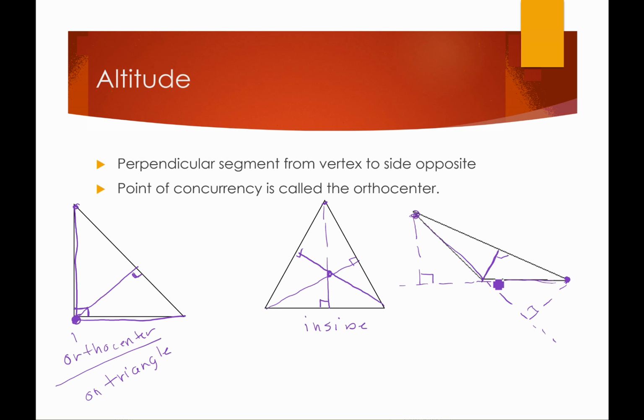So what you're going to see if I extend those lines is that these are going to intersect someplace outside the triangle. And again, they should all intersect at one point. That wasn't drawn very well, and that's called the orthocenter.